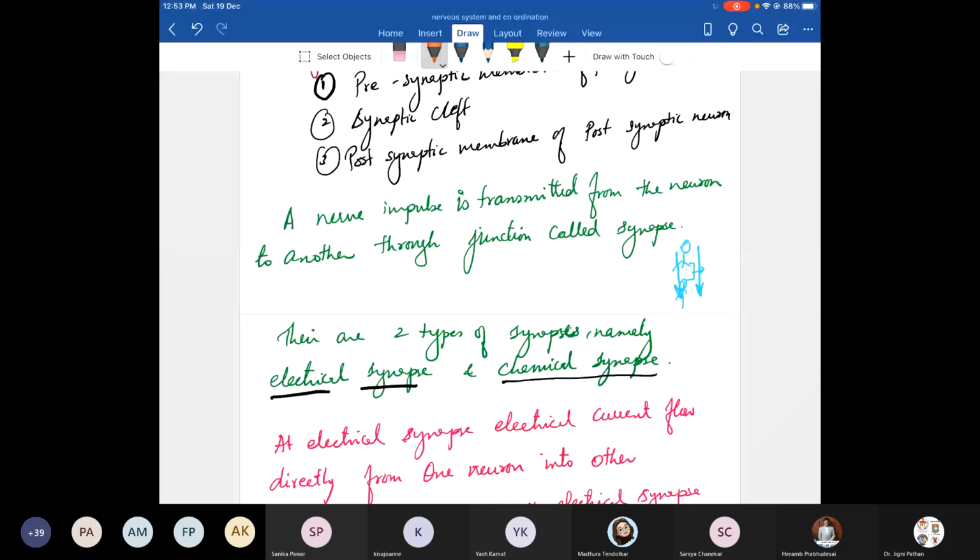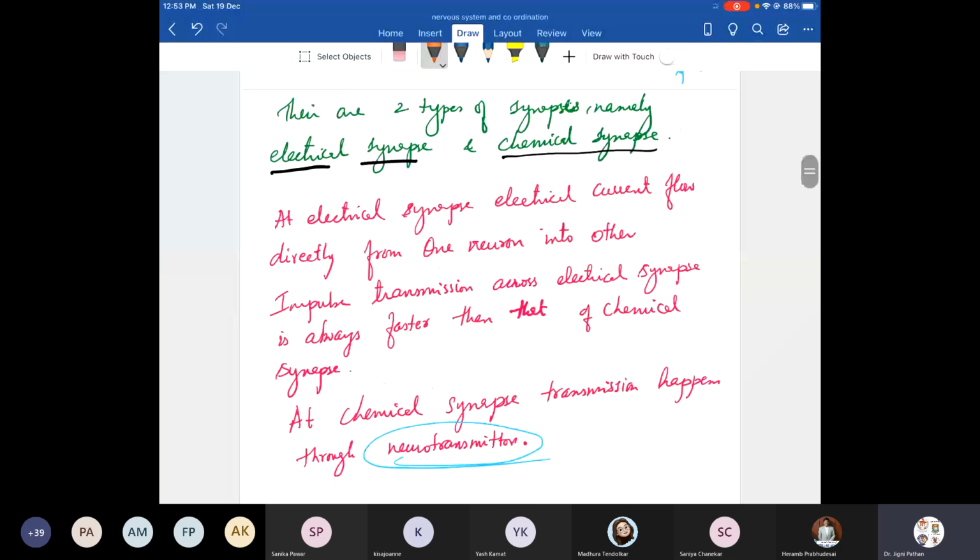Now next. There are two types of synapses. One is chemical synapse, the other is electrical synapse. At an electrical synapse, electric current flows directly from one neuron into the other. There is no intermediate, no one to carry the message from one neuron to the other.